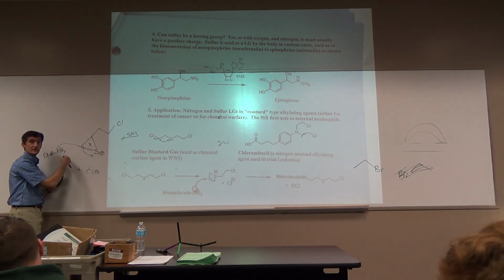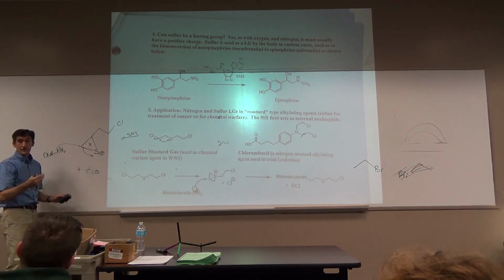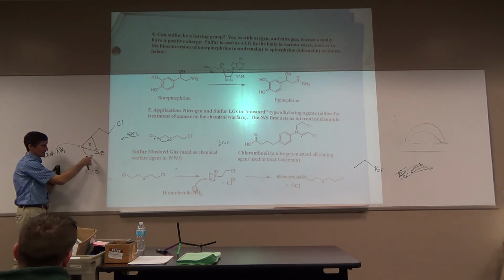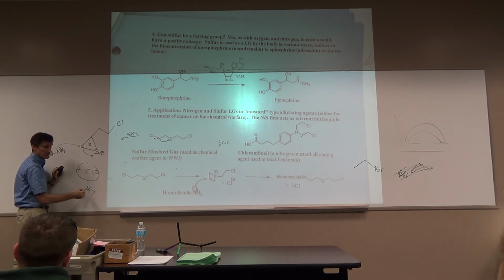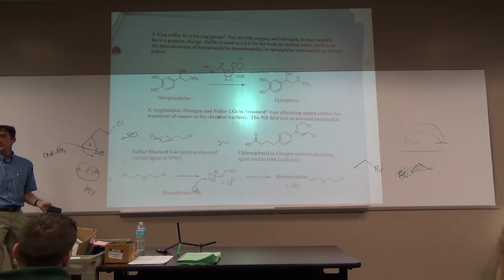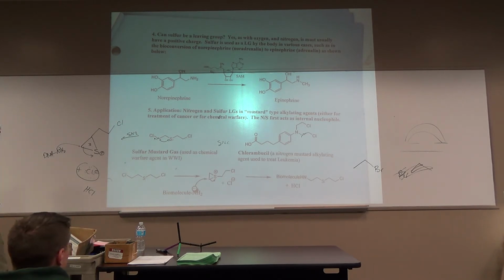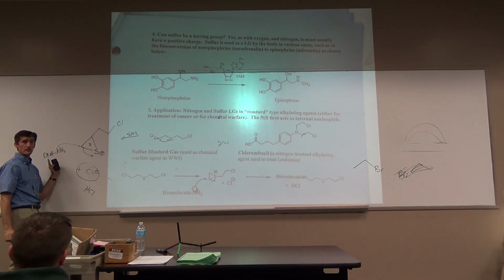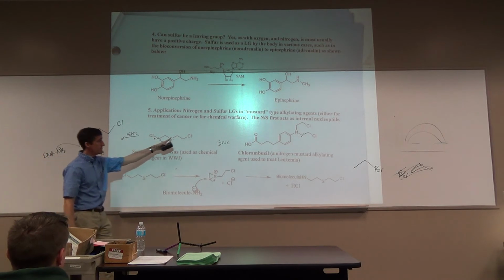But this happens very easily. That's one reason it's toxic. Another reason is this picks up an H and you form HCl. And so now you've got HCl in your lungs and stuff. It's another problem. Does this make sense? Then the bad news.